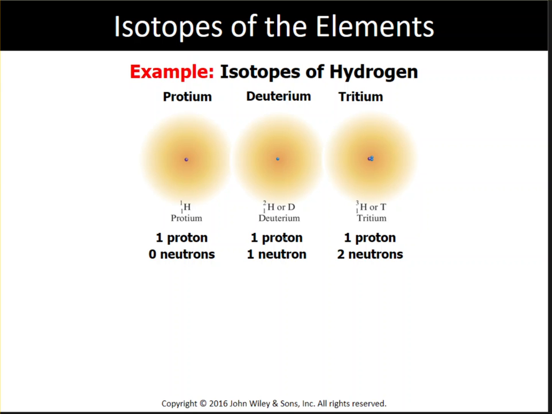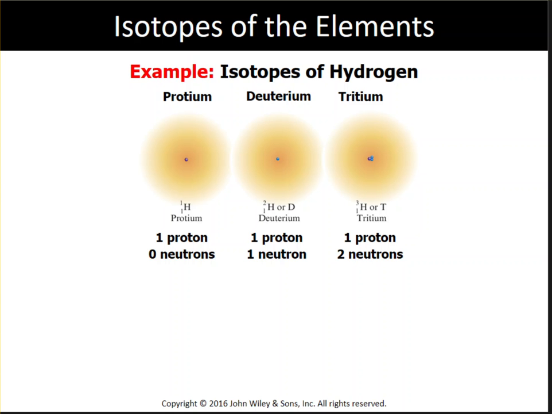But there is an isotope of hydrogen, which we show with D, called deuterium, which has 1 proton, the same number of protons because it's a hydrogen atom, but it has 1 neutron. There is also another isotope of hydrogen, called tritium. It still has 1 proton because it's still hydrogen, except that it has 2 neutrons.